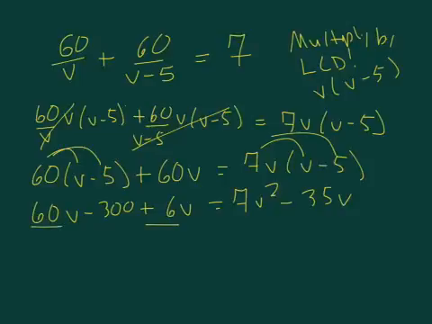Combine, oops, that's supposed to be a 60. Combine those two terms on the left. We've got 120v minus 300 equals 7v squared minus 35v.